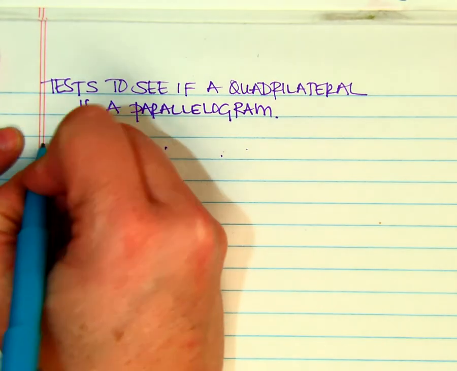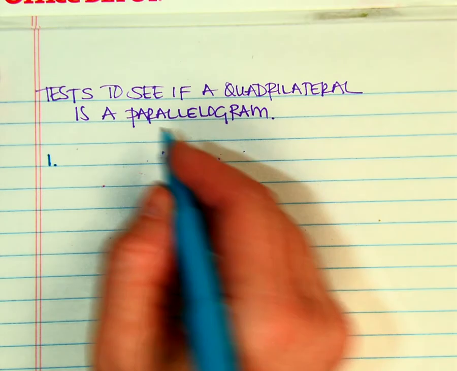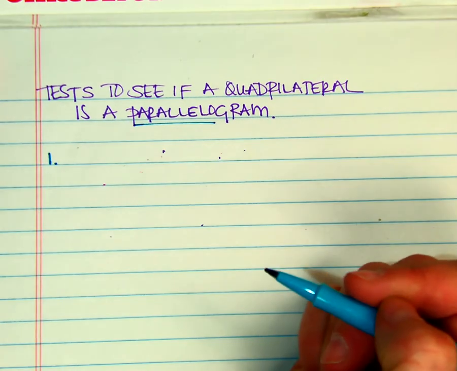There are 5 ways to determine if a quadrilateral is a parallelogram. Obviously, the first is the definition of parallelogram.